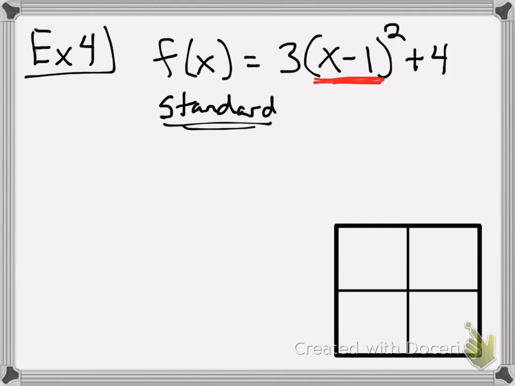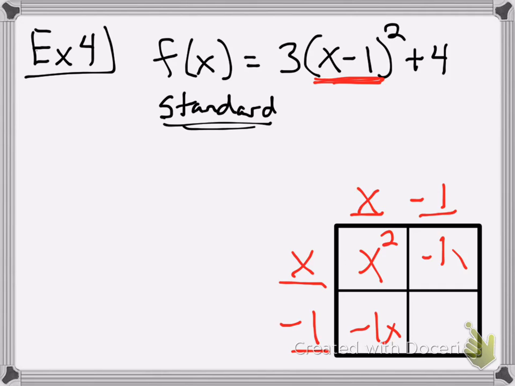And guys, at any point, you may want to pause this video because I'm trying to squeeze all this information in. The nice thing about videos is you can always go back and rewatch them. I hope that you do. So here's how this works. x times x is x squared. Negative 1x. Negative 1x. Positive 1.